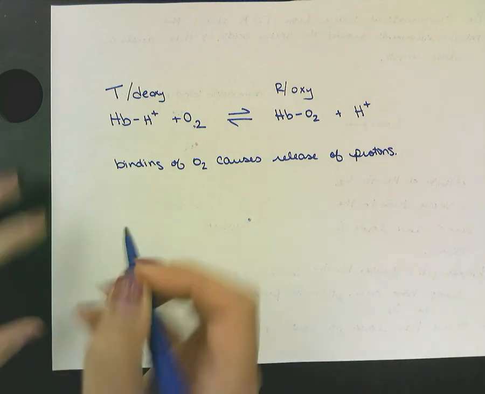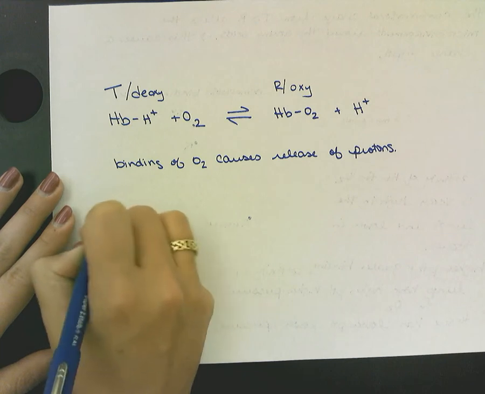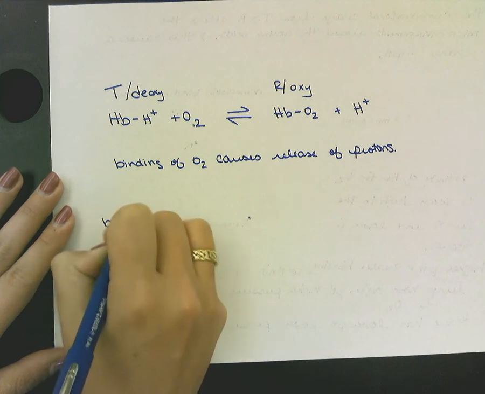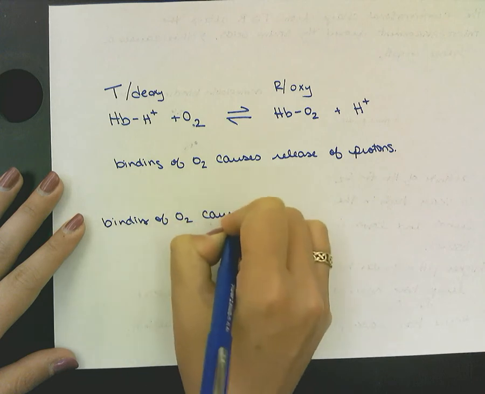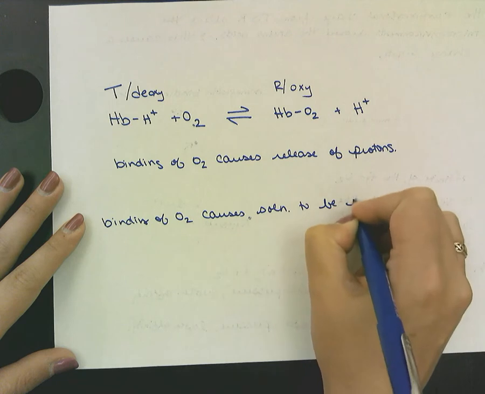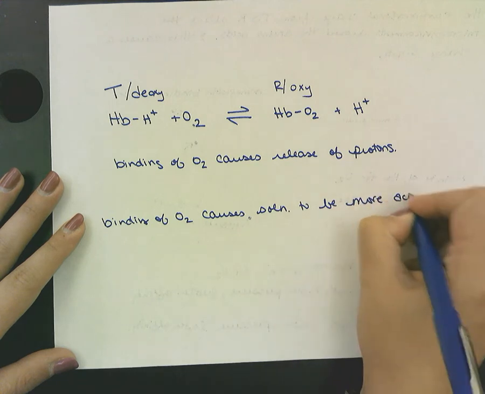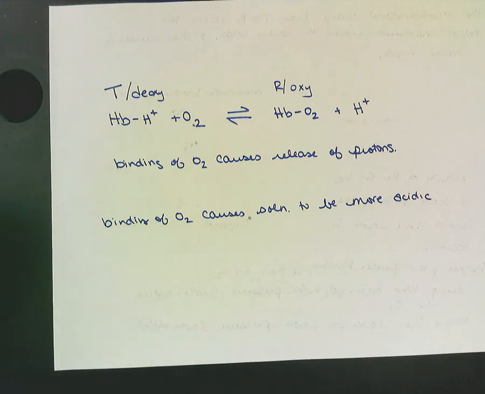More acidic. All right, so the binding of oxygen causes the solution around the hemoglobin to become more acidic.